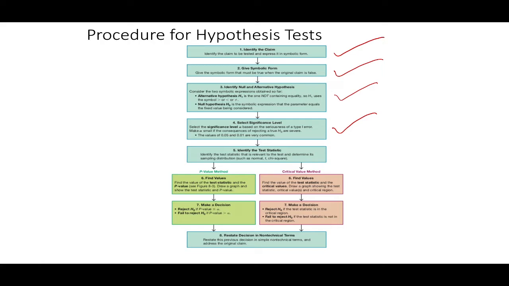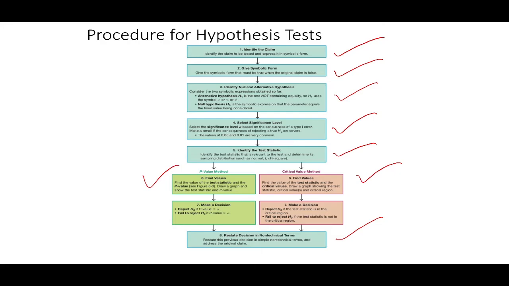After that, we need to identify the test, what kind of test we're going to use. There are especially two types of test method: the p-value method or the critical value method. After finding the p-value or critical value, we compare that value with the significance level alpha, and then we make our decision. Finally, we go back to the problem and make our conclusion or finding in generic non-technical terms.